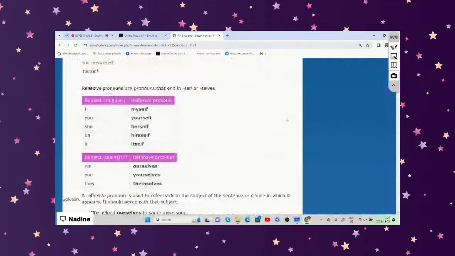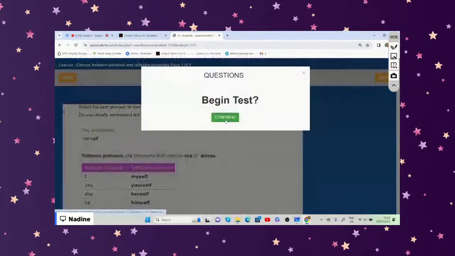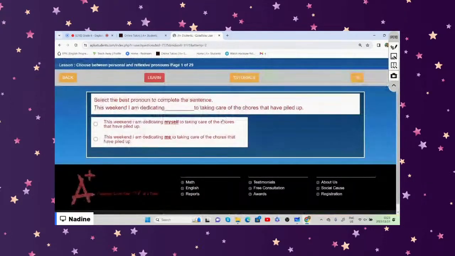Now let's go to our test, where we are going to choose between either a personal pronoun or a reflexive pronoun. So you're going to select the best pronoun to complete the sentence.